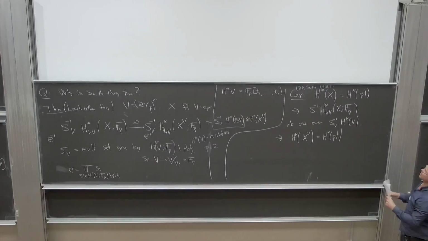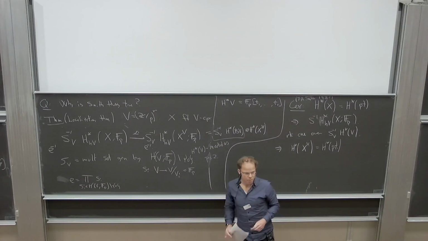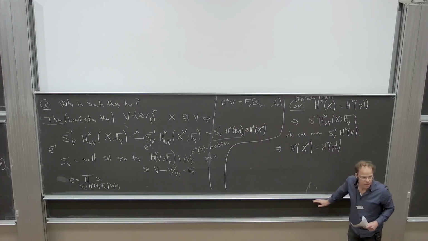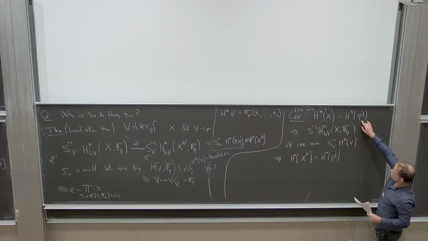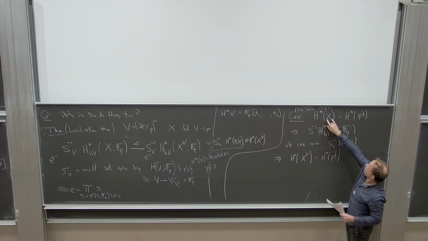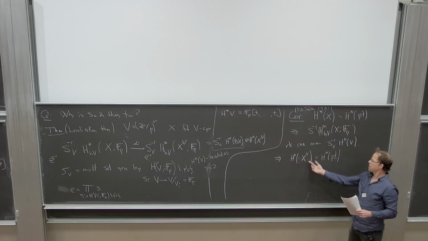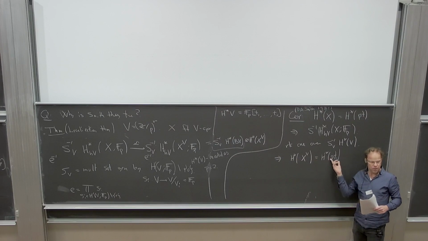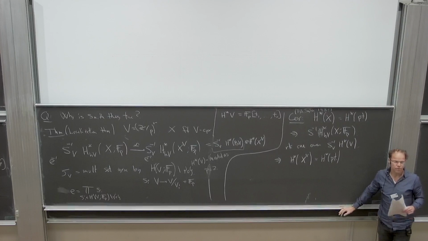One year after, okay. The Smith theorem states that if the cohomology of X is the same as a point, then the cohomology of the fixed points will also be the same as a point. That's Smith's original statement.